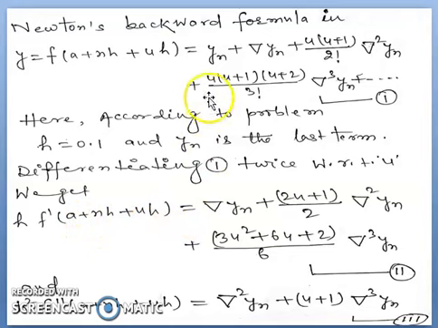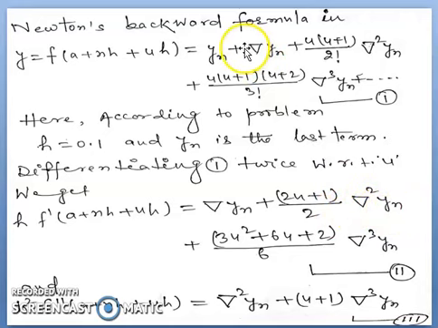Now the right hand side of equation 1: this is 0 del of yn plus u. First you multiply this, and u square plus u. So the differentiation of this is 2u plus 1 divided by 2 del square yn.